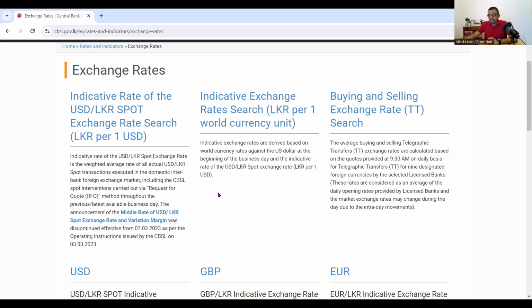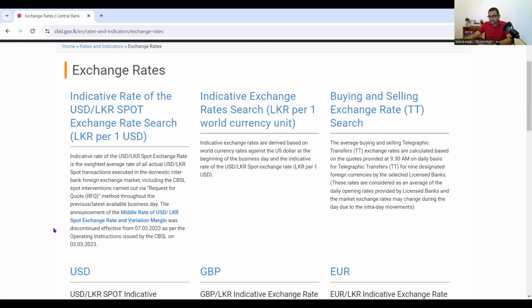Indicative rate of the US dollar to LKR spot exchange rate is the weighted average rate of all actual USD LKR spot transactions executed in the domestic interbank foreign exchange market between the banks, including the CBSL spot interventions carried out via request for quote. That's a technical term, how the central bank will practice that intervention method, throughout the previous or last available business day.